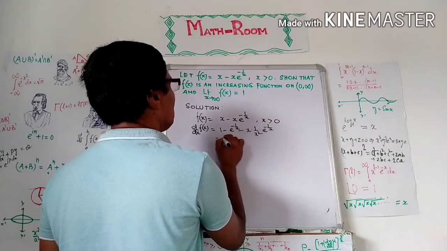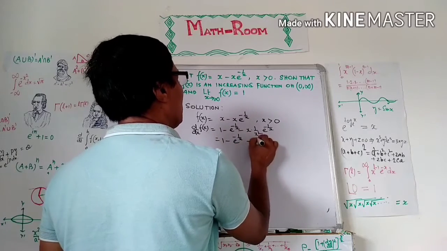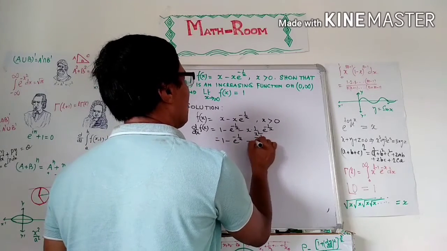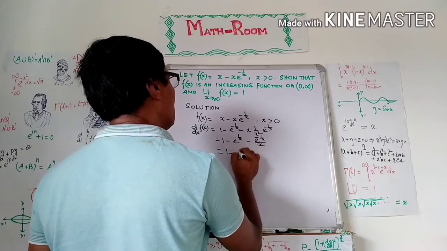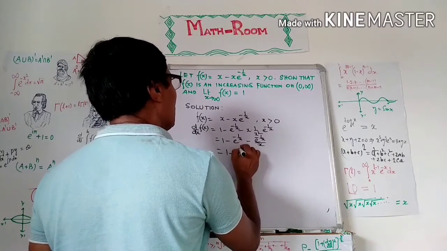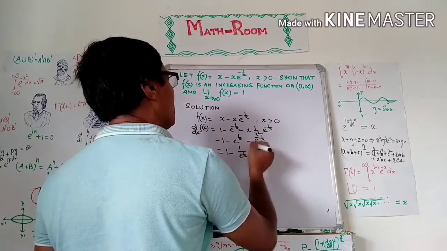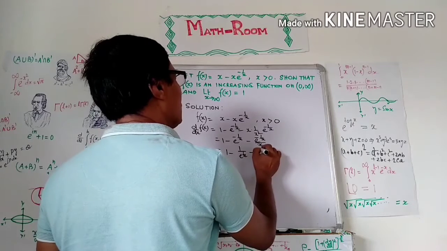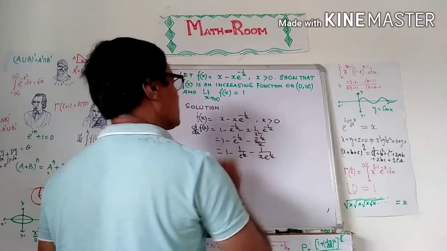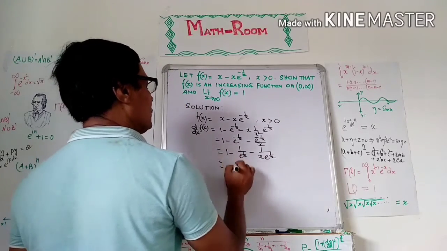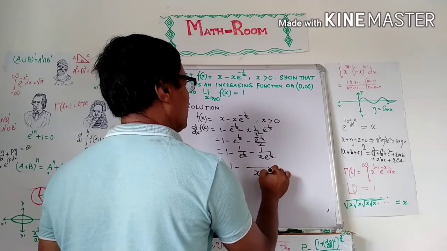So we can write 1 minus 1 over x, 1 minus 1 over e^(1/x) minus 1 over x into e^(1/x), equal to 1 − (x + 1) e^(−1/x) over x.